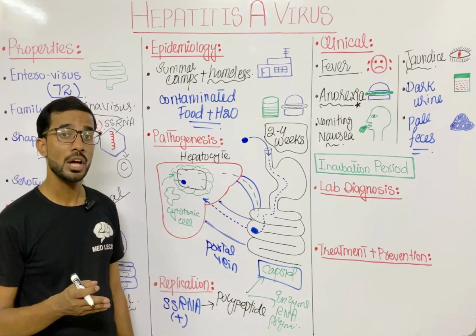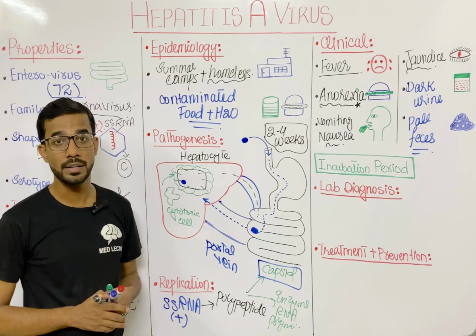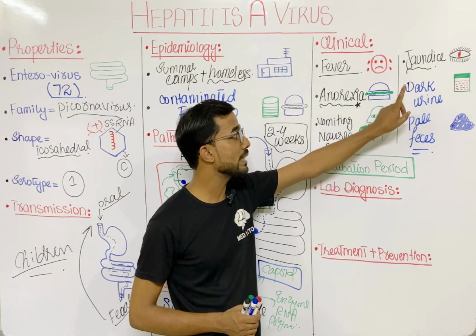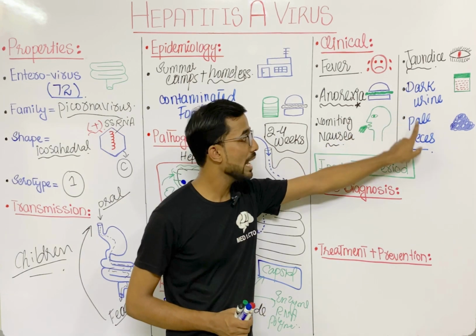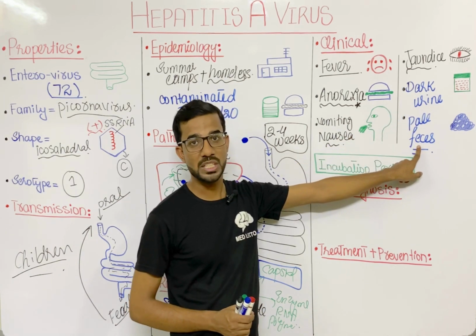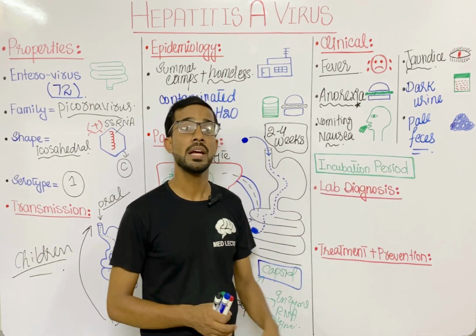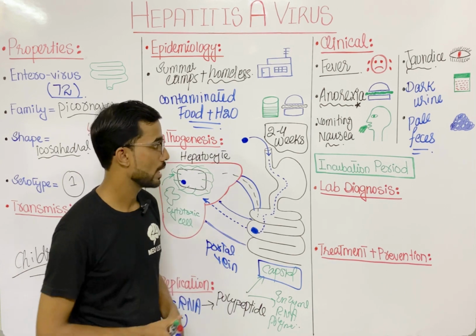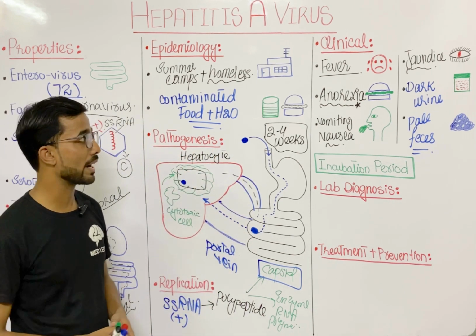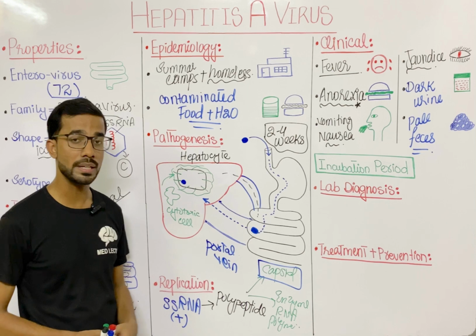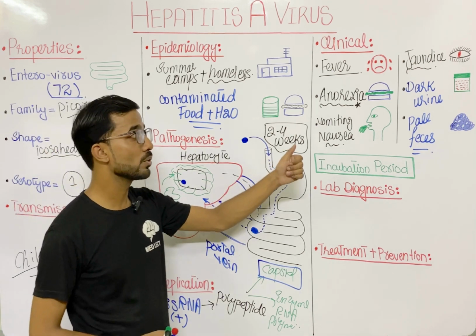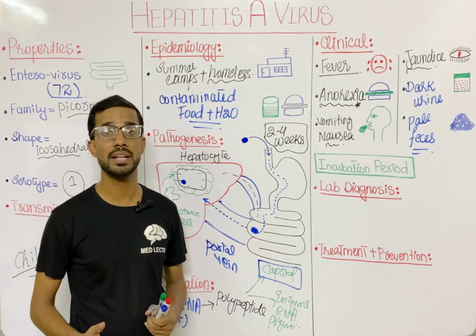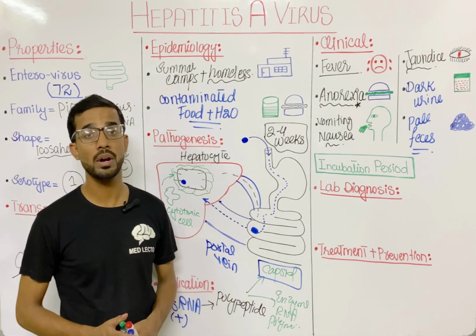As a result of the accumulation of bilirubin in the blood, the bilirubin starts passing into the urine. So that's why the color of the urine will become dark, and the color of the feces will become pale, due to the abnormal distribution of the bilirubin. Okay, these are the important clinical findings: fever, anorexia, vomiting, jaundice, dark urine, and the pale feces. And the hepatitis A virus recovers spontaneously within 2 to 4 weeks.